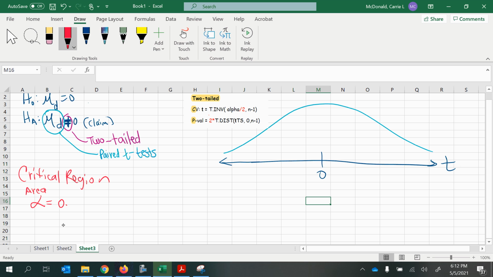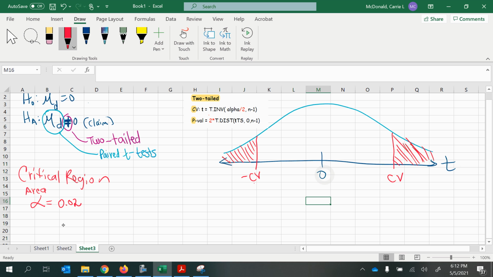So 0.02. But we are going to do a two-tailed test. So now we're going to have a negative critical value and a twin positive critical value. And remember, your bell curves are symmetric, so you only need to find one of these and then change the sign to get the other one.